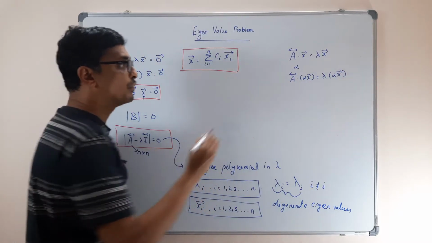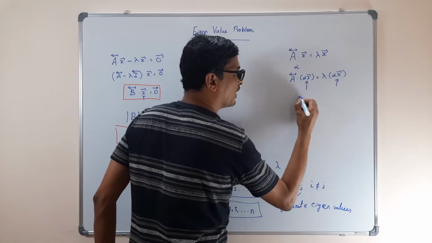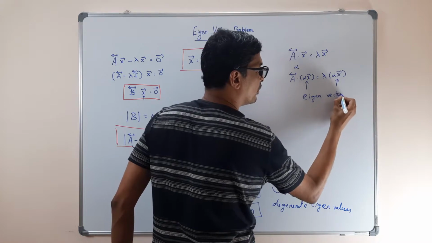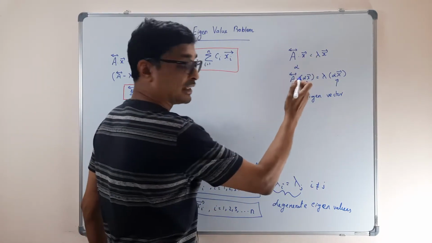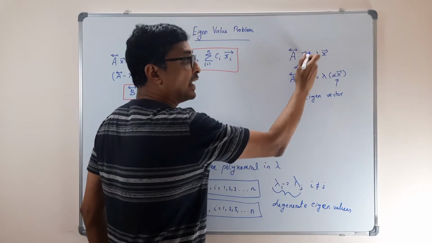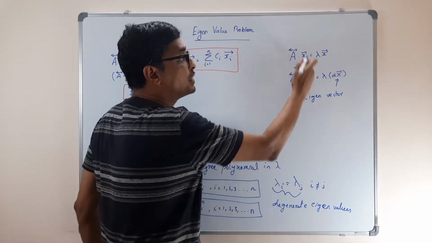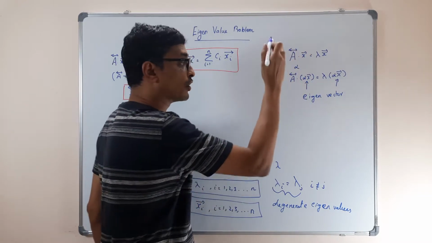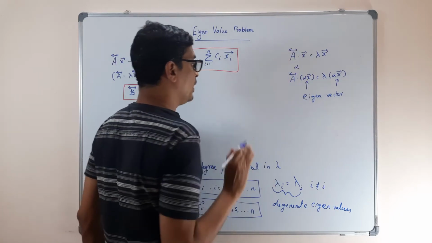So alpha X vector is also an eigenvector. This is interesting: whenever we have an eigenvector, any constant multiple of that eigenvector is also an eigenvector. So we won't differentiate those eigenvectors; all eigenvectors with a common factor are treated as the same eigenvector.